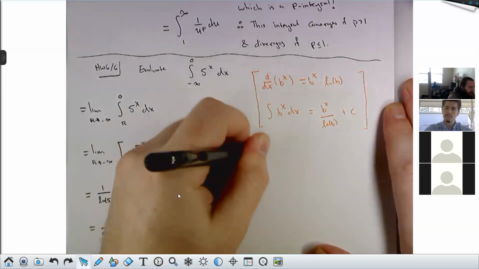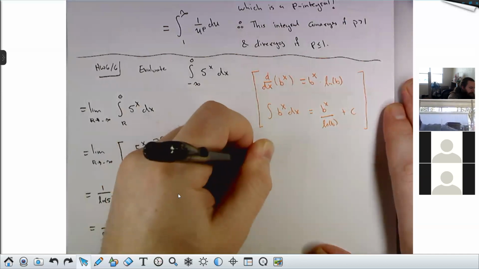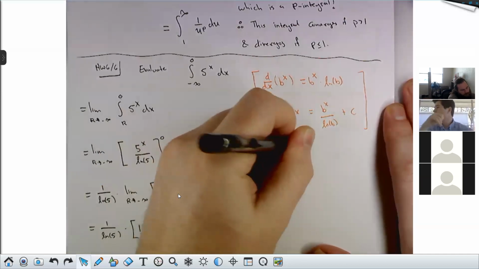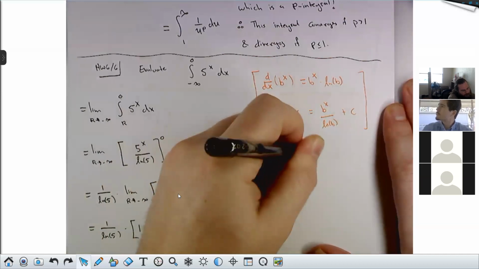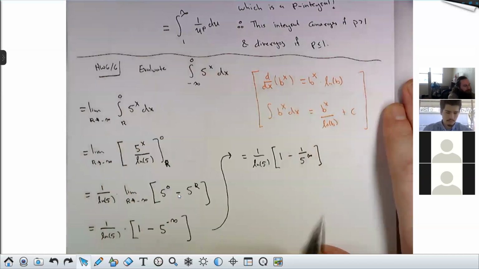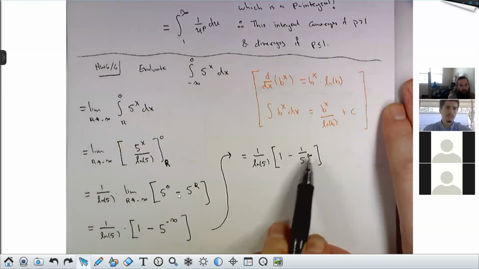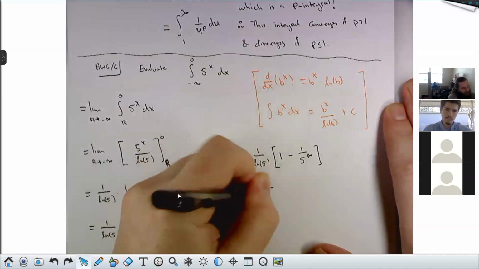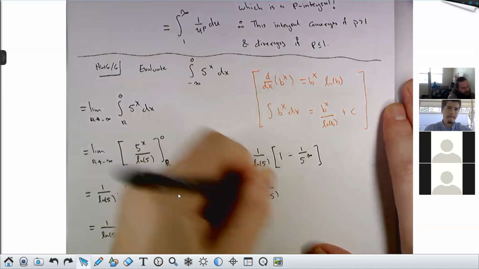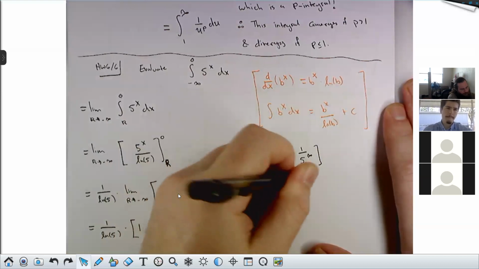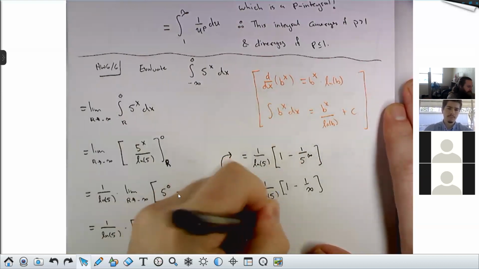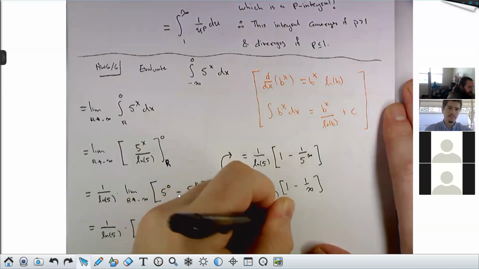If it's not obvious right away, this is 1 minus 1 over 5 to the positive infinity. You take 5 and raise it to a big number, you're going to get a huge number. So that's 1 over infinity there. This is 1 over the natural log of 5 times 1 minus 1 over infinity. That's just 1 over the natural log of 5 times 1.